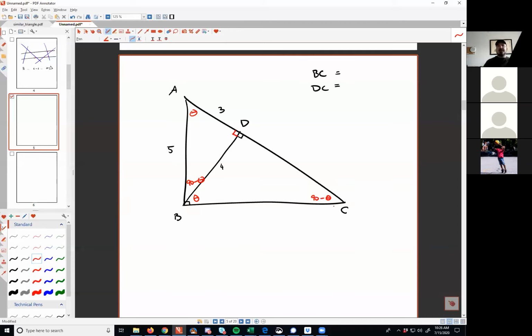And so if it's harder to see, a little bit of angle chasing may help us. Now we can identify some equal angles, and I'm going to go ahead and mark them as we ordinarily do. Those two angles are equal. Those angles are equal. I'm not going to bother marking the right angles again. So now, somebody tell me, what is a pair of similar triangles in this diagram?